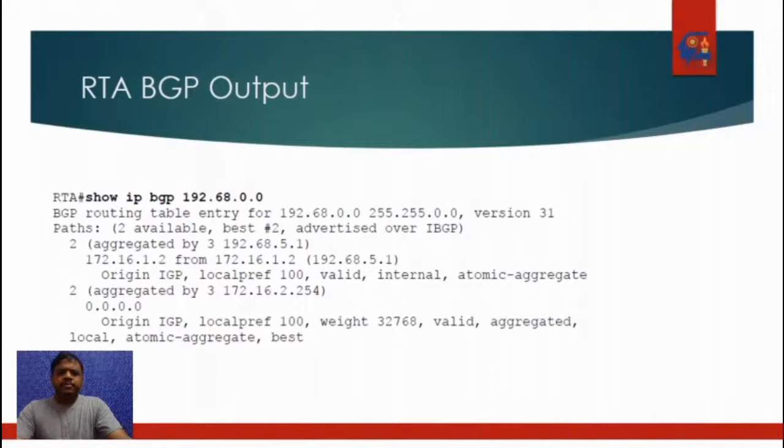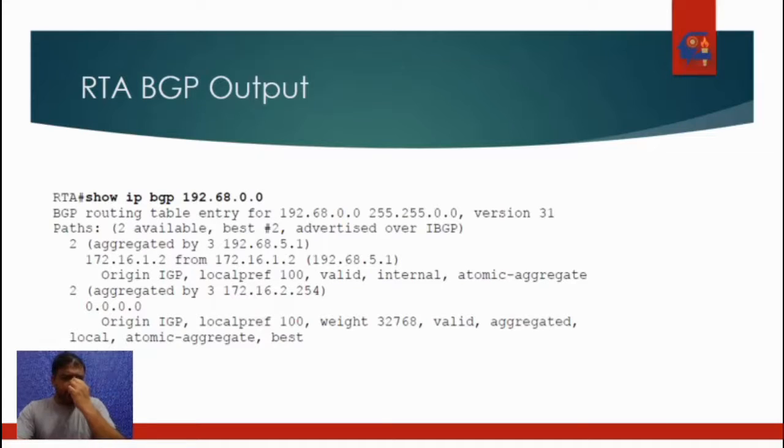By permitting prefix 192.68.10.0/24, the advertise map causes RTA to base its aggregate calculation on 192.68.10.0/24 only. Thus, 192.68.11.0/24 is not included in the formation of the aggregate. The show ip bgp command is issued and the result is shown on the screen.